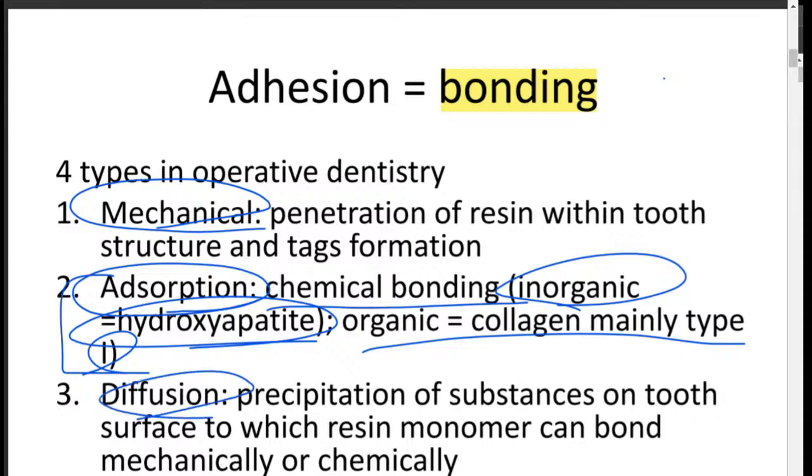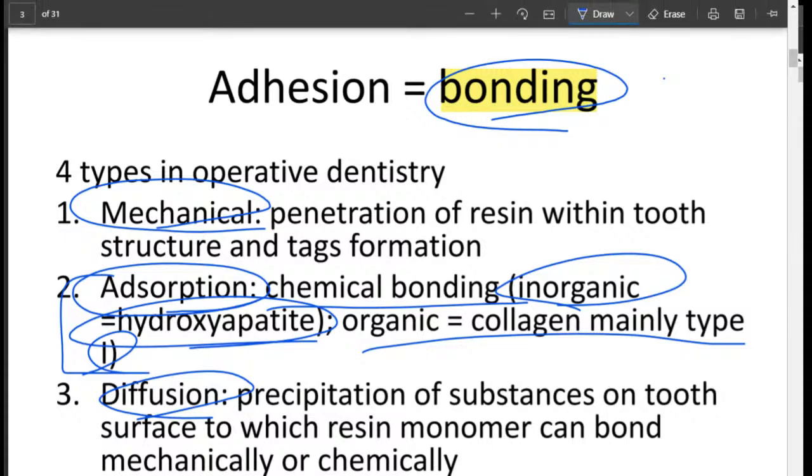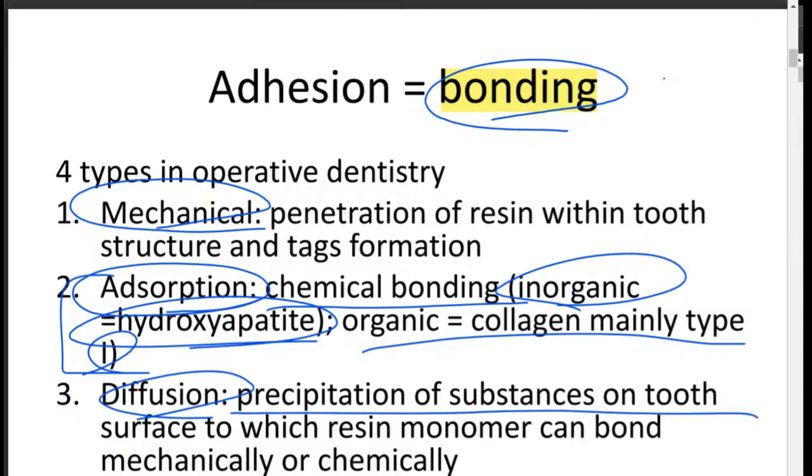Then we will study the diffusion force of bonding. Diffusion force is precipitation of substances on tooth surface in which resin monomer can bond mechanically or chemically with the bonding material.